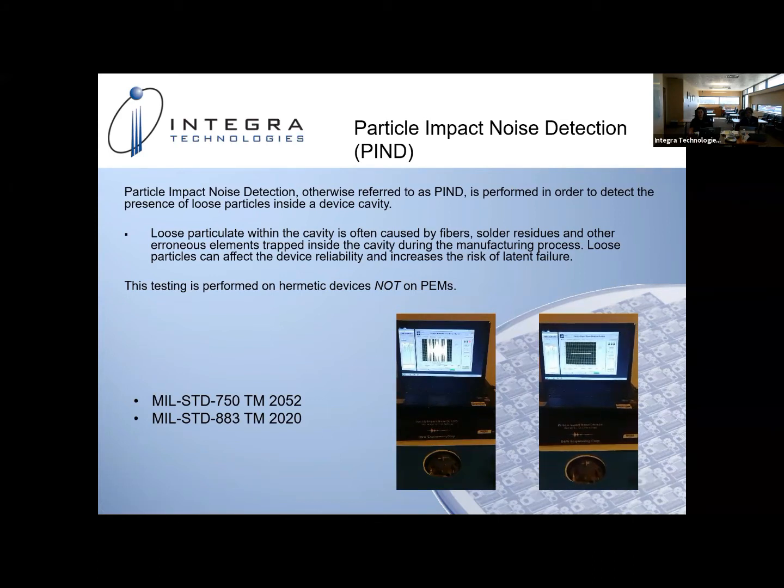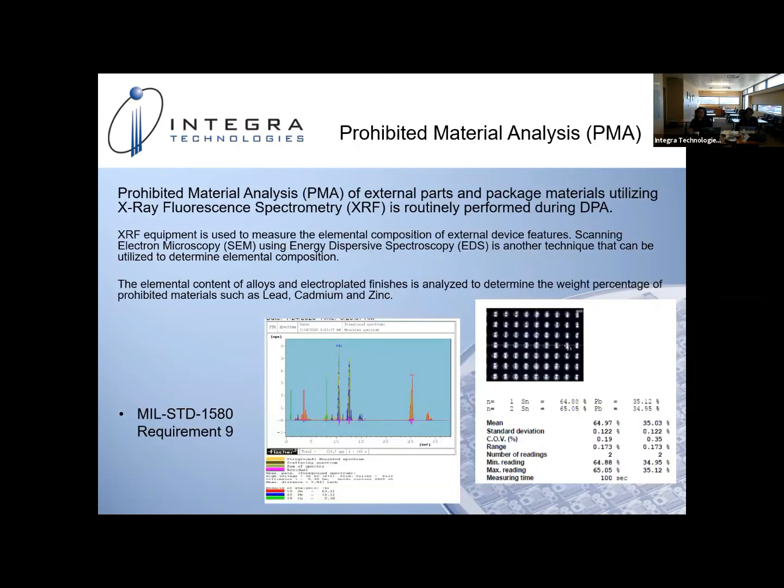The O-scope is clean, there's no audible noise, nothing rattling around in there, and that's what you would expect from a passing device. PIND is performed to 750 and MIL standard 883, and to be clear, it's only performed on cavity type hermetic devices. This test is not performed on plastic devices.